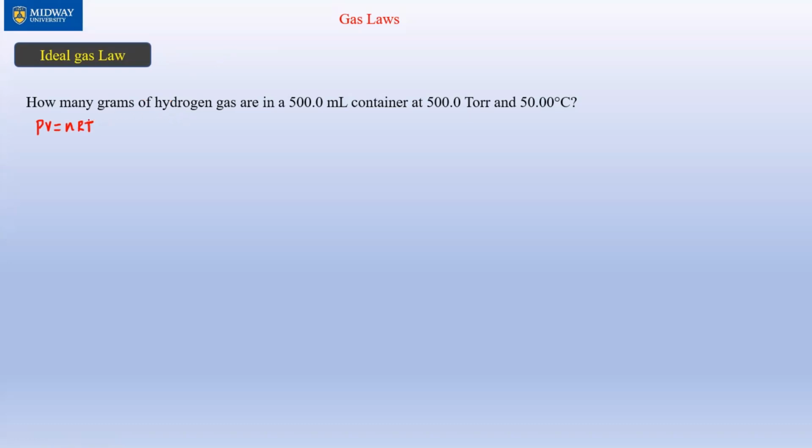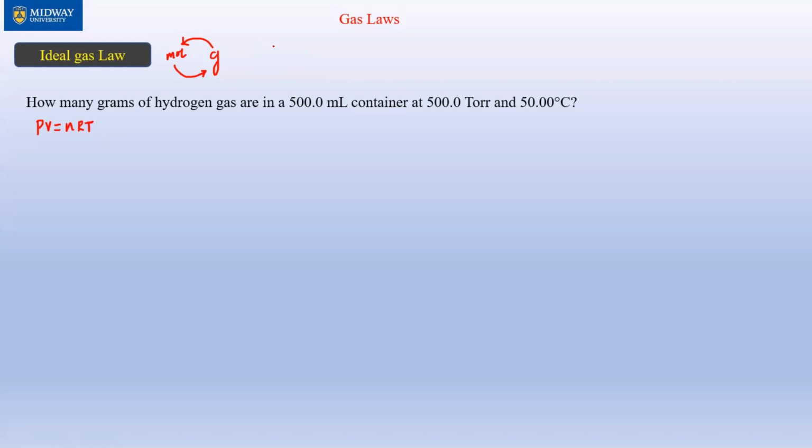Remember, whenever we want to find grams, you have to backtrack and think: you have to get moles first, which we can get from this expression, and then we can come back and get grams. That's the whole point. Now, keep in mind, 500 mL, nothing is given in perfect units.